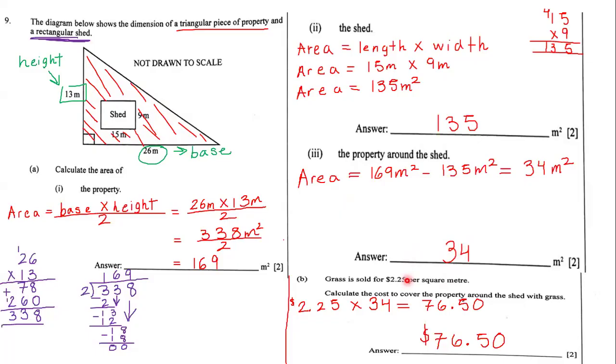And how much is for 1 square meter? $2.25. Make sense? So let me ask you again. How much is 1 square meter? $2.25. Very good.